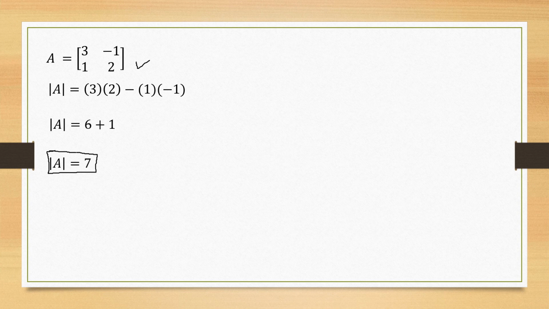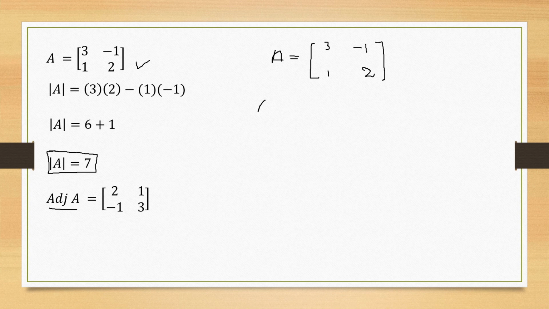Here we need to find out the adjoint of A. So how to find out adjoint of A? Go to matrix A. A is equal to 3, minus 1, 1 and 2. When I find out adjoint of A, the elements of the main diagonal will be replaced with each other.